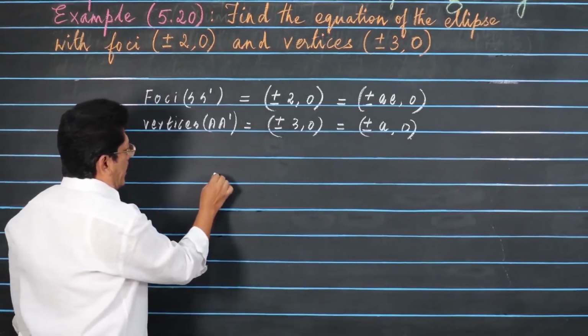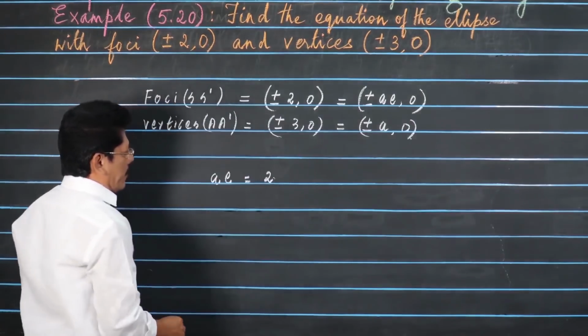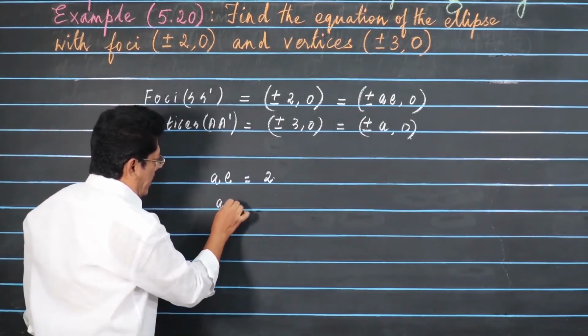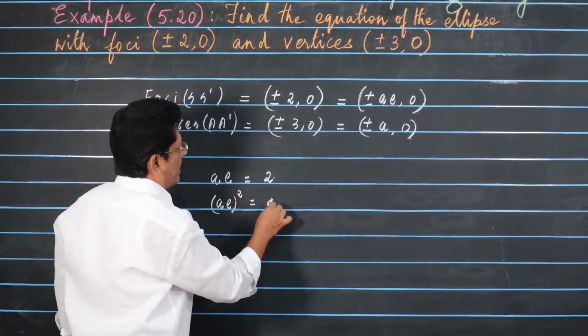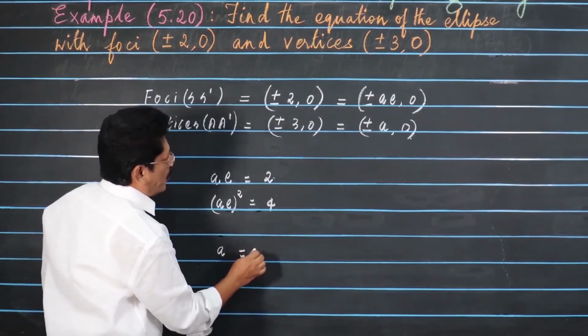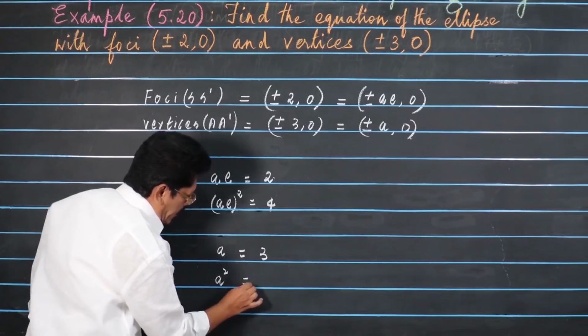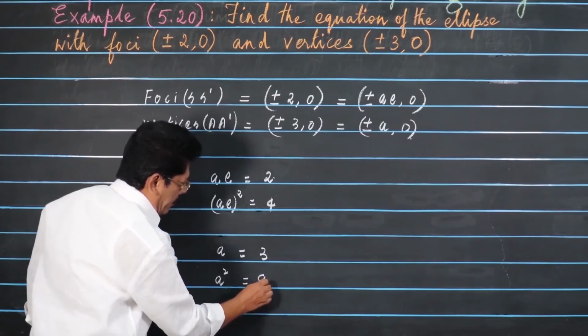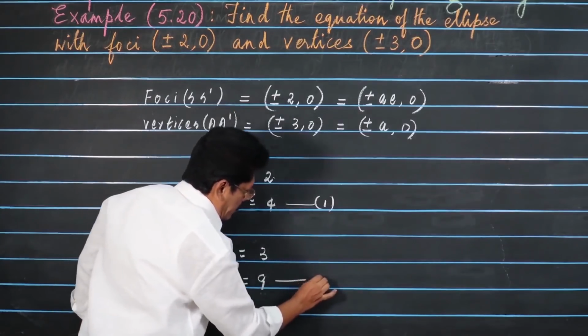Now, AE is equal to 2. Therefore, AE the whole square is equal to 4. A is equal to 3. A squared is equal to 9. This will be your equation 1 and this will be equation 2.